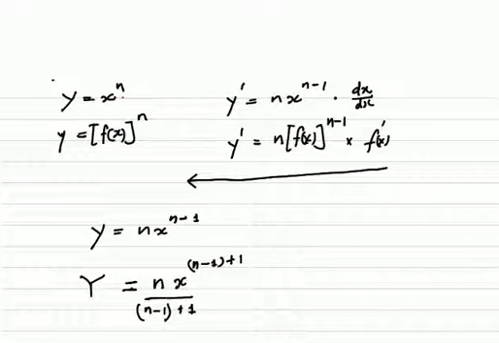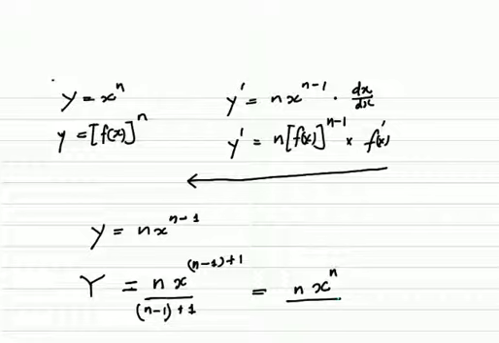Now I know that when I started here, the power which was given, I multiplied by it. Then here I have got a new power. So the new power which I've arrived at, I'll divide by it. There I'm trying to emphasize that I'm doing almost the opposite of everything I did to move from here to there. So simplifying will give us x to the power minus 1 plus 1 is 0 plus n will give us n, and then this n is still sitting there because it's a constant.